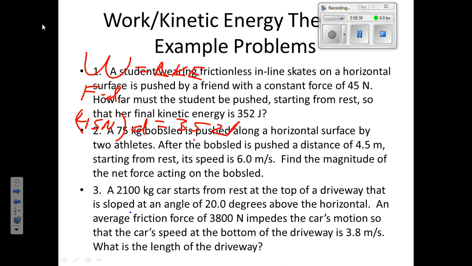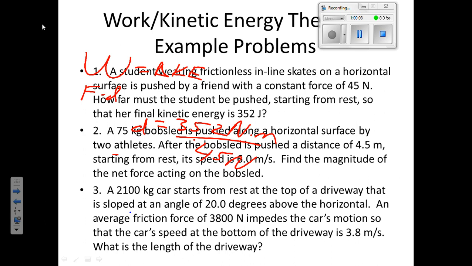I'm going to write it that way, because to get my answer, I'm going to have to divide both sides by 45 newtons, right? And when I do that, 352 divided by 45 gives me a distance of about 7.82 meters. That make sense?